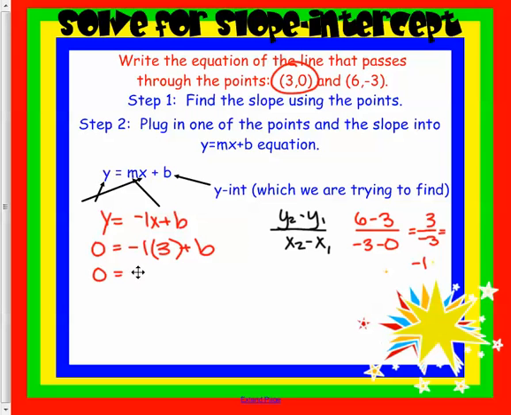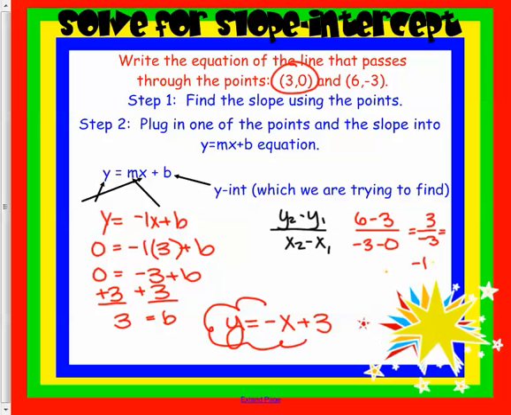So 0 equals a negative 3 plus b, and if I add 3 to both sides, I get b equals 3. So let's plug it back into the equation. Y equals my slope, which is a negative x plus 3.